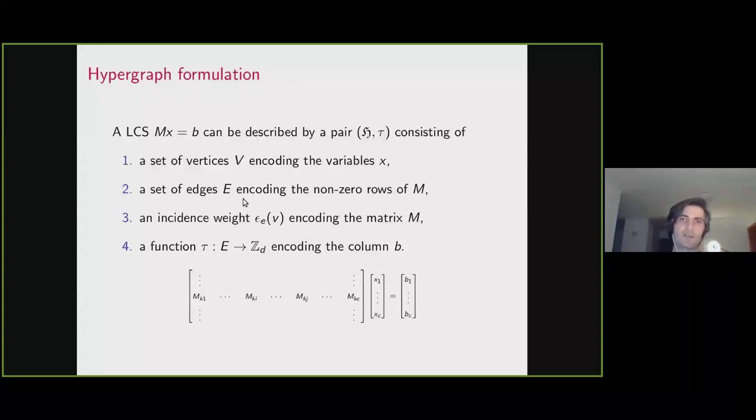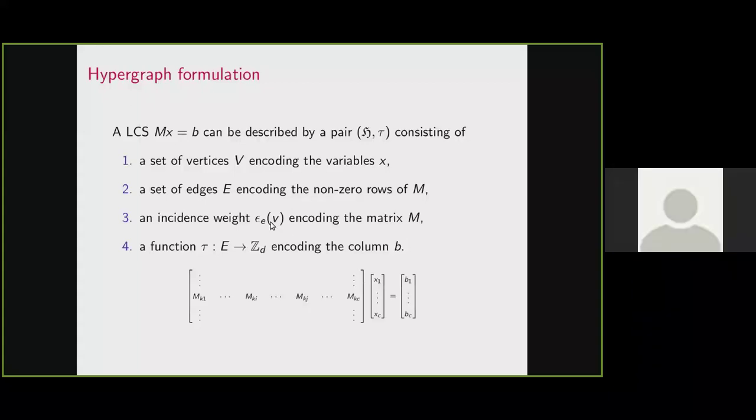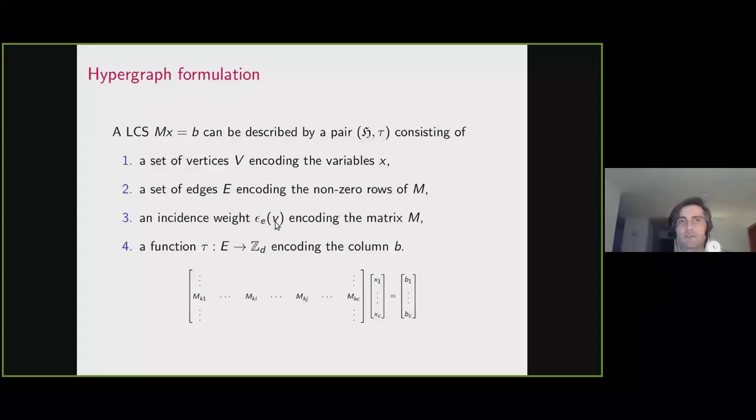The edges are going to correspond to non-zero rows in the matrix M. And the entries of M are going to correspond to an incidence weight on the hypergraph. And tau is a function on the set of edges of the hypergraph to Z mod d, and it encodes the part on the right-hand side.